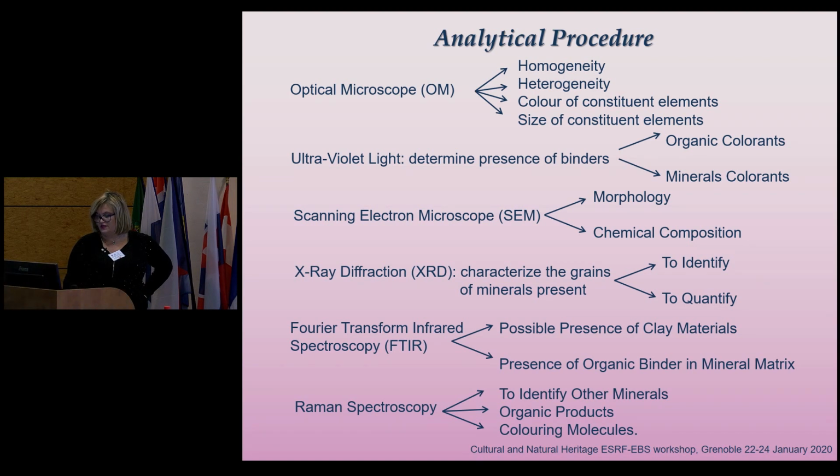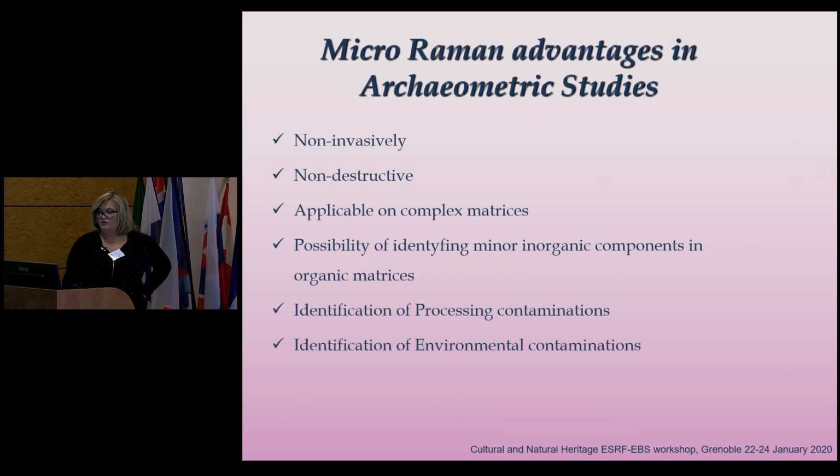We also use micro-Raman spectroscopy, because it is a non-invasive and non-destructive technique, and we can use the same sample and study it with other non-invasive techniques. It is also possible to identify with this technique mineral and organic components inside a complex matrix, and also contaminants from processing and the environment.